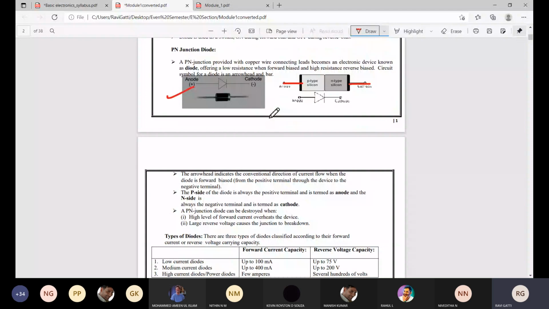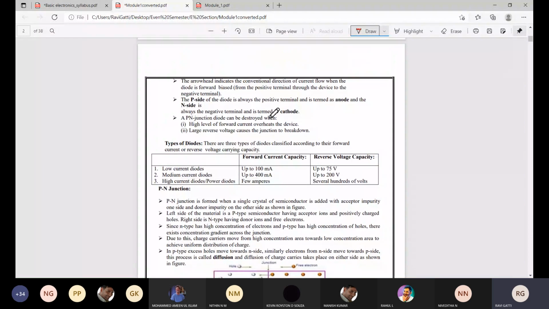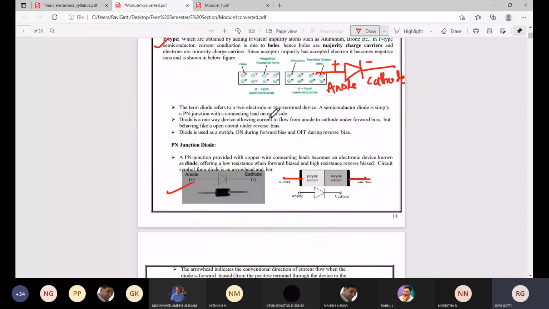In the PN junction diode, there are different types of diodes. So I request everyone, please make a note of this diagram.